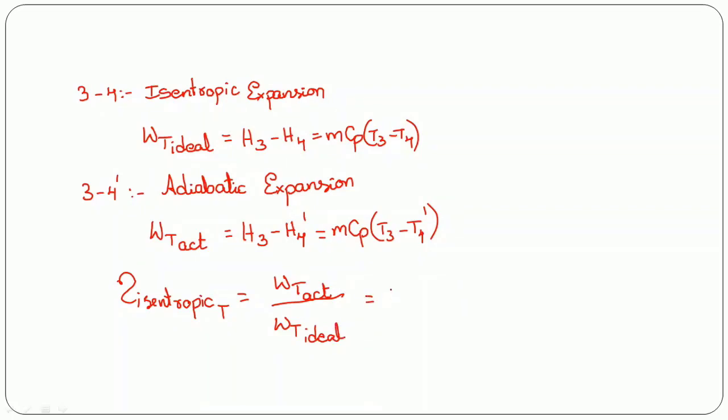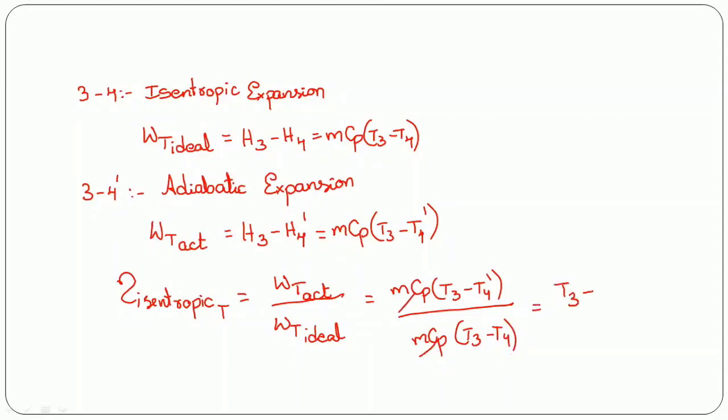Actual thing is mCp (T3 minus T4 dash) by mCp (T3 minus T4). This is ideal condition. So these two will get cancelled. We can write this as (T3 minus T4 dash) by (T3 minus T4), or you can write this as (H3 minus H4 dash) by (H3 minus H4).